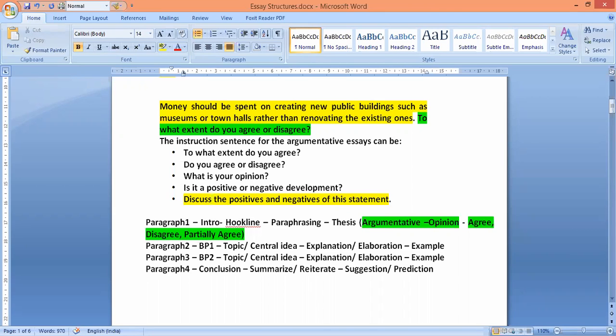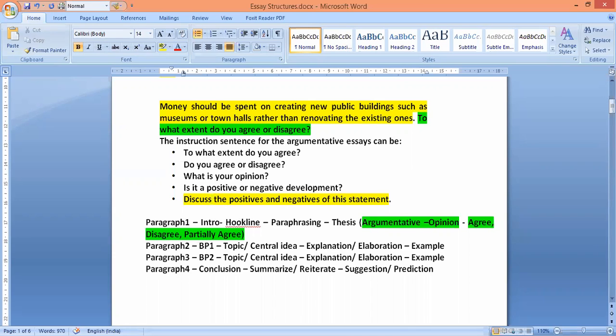So do you think they are asking for an opinion? Discuss, I don't think so. Let me think a moment. Discuss the positive and negative of the statement. It's very similar to the previous one, is it a positive or negative development?